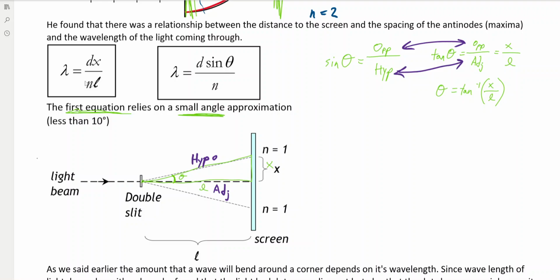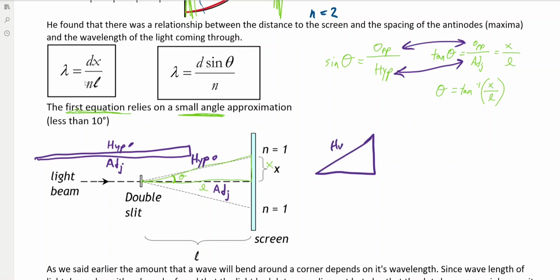If the angle is really, really small, then you have these two lines, and the hypotenuse here is basically equal to the adjacent. But if you have a triangle that's looking more like this, now the hypotenuse is very different from the adjacent. So it depends on whether that angle is tiny or big. All they're doing here is approximating this as approximately this.